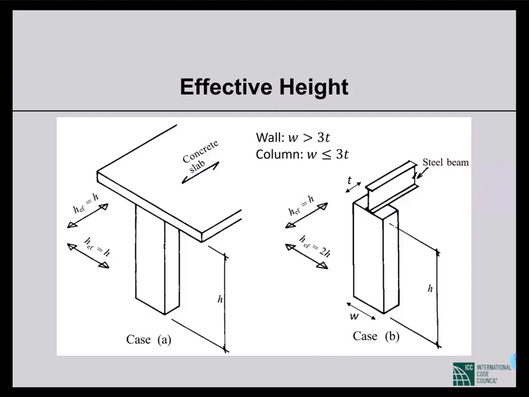For column, it is always the second case, that is, for columns, we will not consider continuous support. We'll consider only this type of concentrated support. So for columns, it is always in one direction, it is always twice the height of the column.